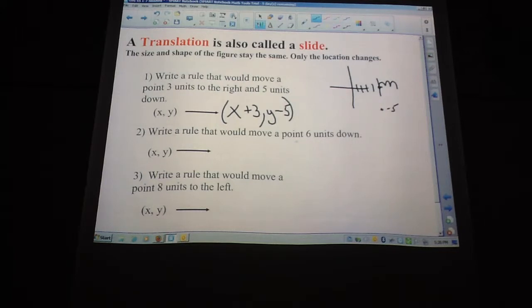Sometimes they're just going to move us up or down or just left or right. That would just mean that the variable that you're not moving just stays the same. So if I'm just going to move it 6 units down, the x value doesn't change. Moving it down would just affect that y value, so my y would be minus 6.